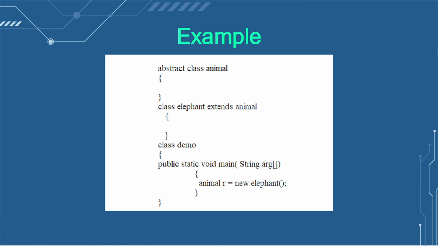When we compile the program, it will run successfully because any superclass has the ability to store the object of the subclass. So this is all about the abstract class.